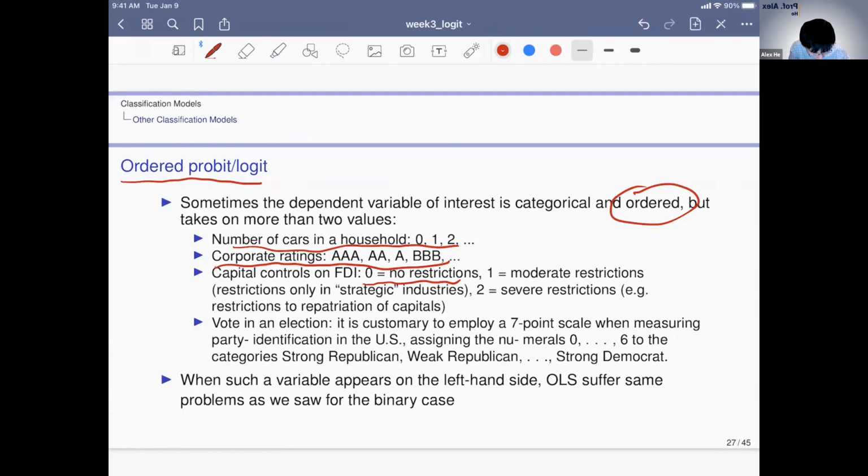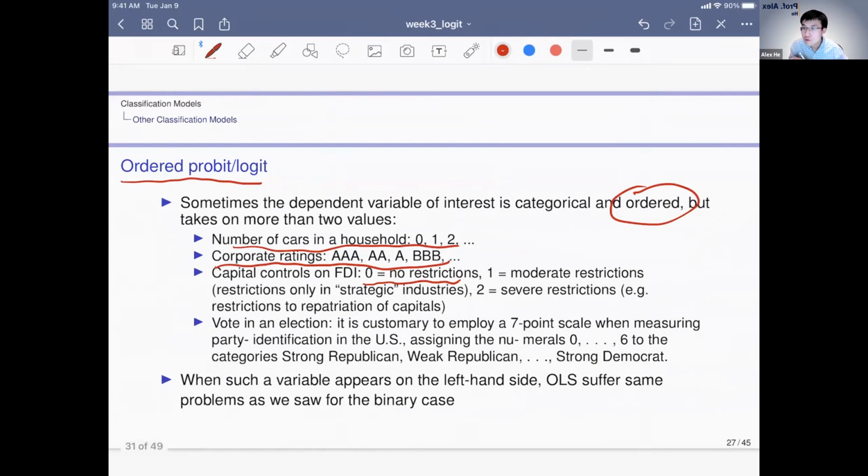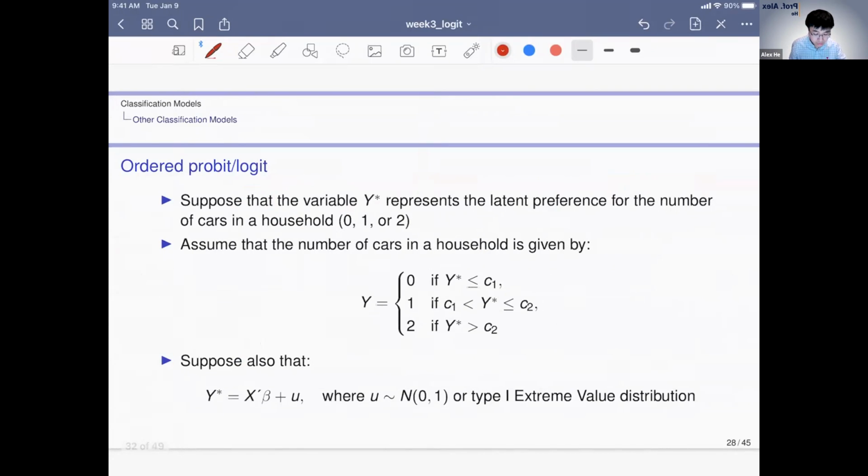So when we have something like this, we could do multinomial logit, but that doesn't account for the information that they're ordered, right? So it won't be very efficient. The better way to do it is to use what we call an ordered probit or logit. So what that does is, remember before, for logit and probit, we have this G of beta x, right? That's the probability of y equals 1.